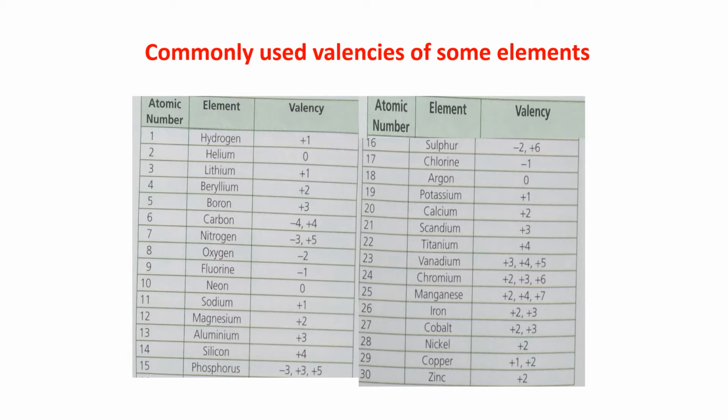But the charge we are writing here, because this is required when we are writing the formula of a compound by some method. Suppose I am talking about the valency of hydrogen, it is only 1. But when you will use it for writing a formula, then we are writing +1.